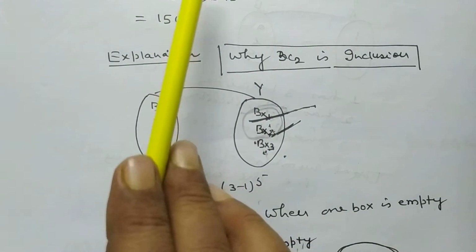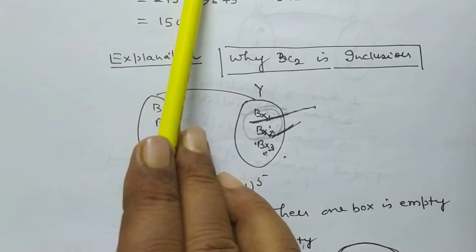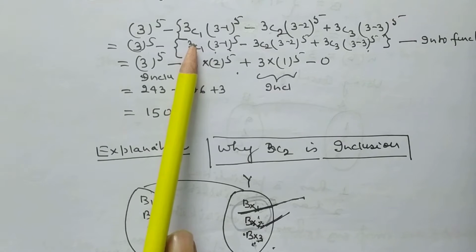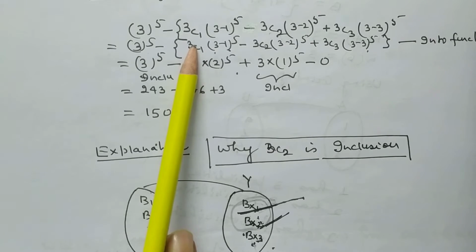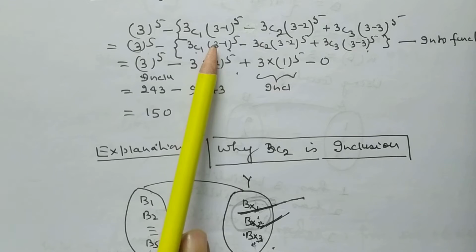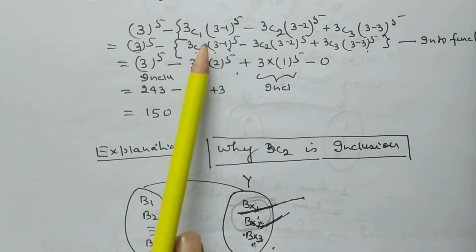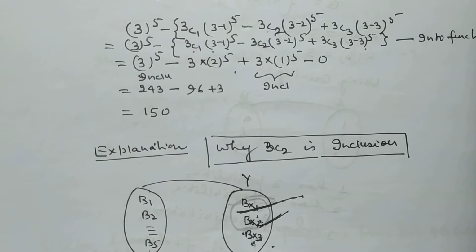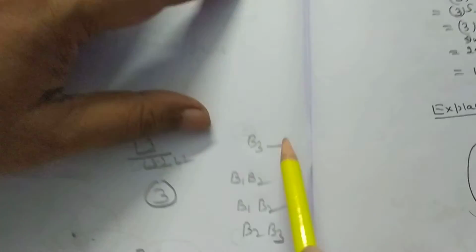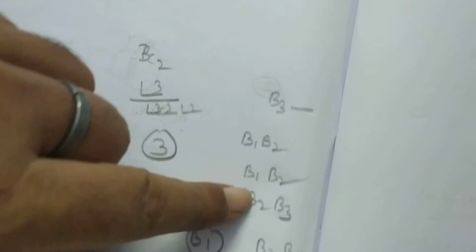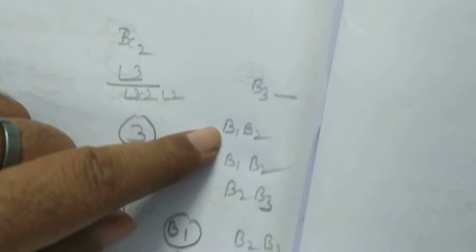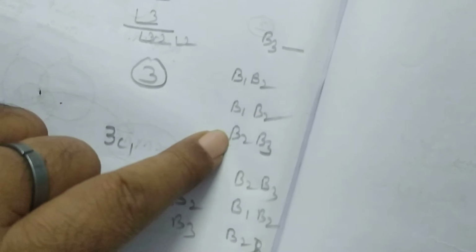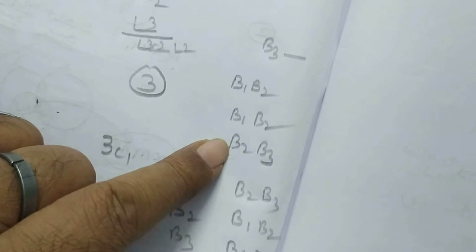Suppose when we select 1 out of 3, then it will be b1 b2, b3 को हम छोड़ सकते हैं. Now if we select suppose b3, then we have b1 b2. If we select b1, then we have b2 b3.